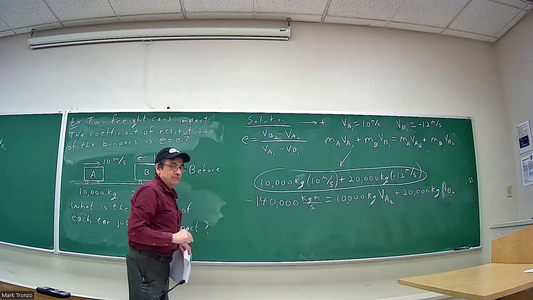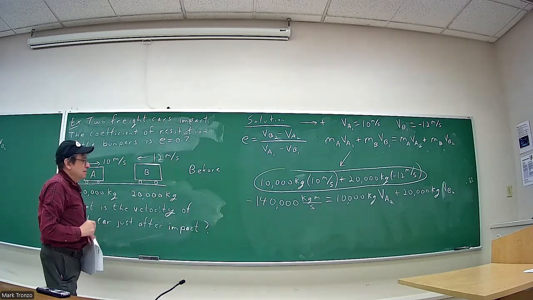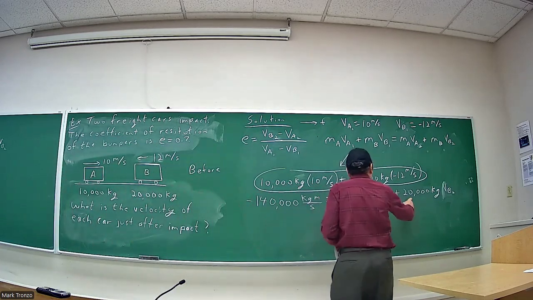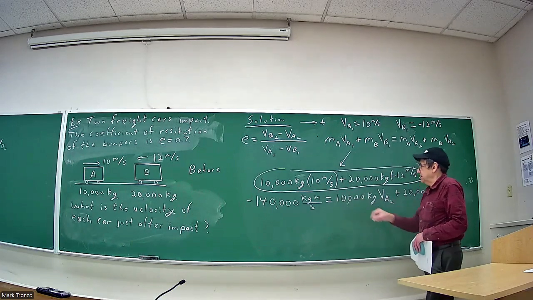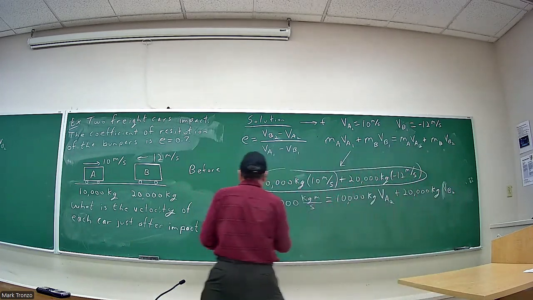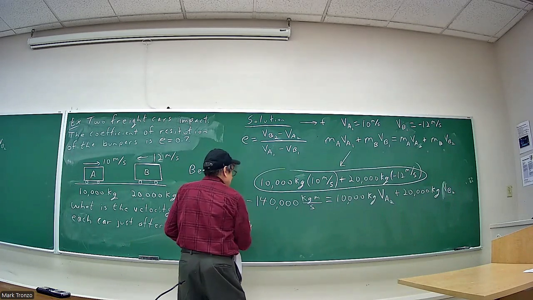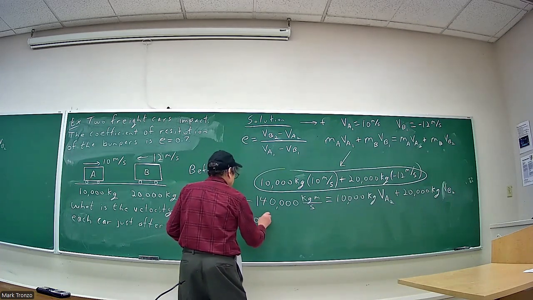I'll write it like that if you'll allow me to do that. And then let's maybe bring this to the other side. So that'll give us, say, negative 20,000.